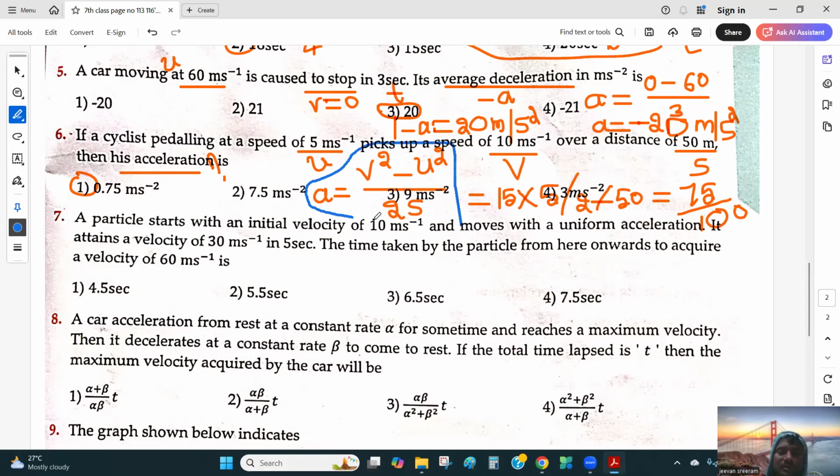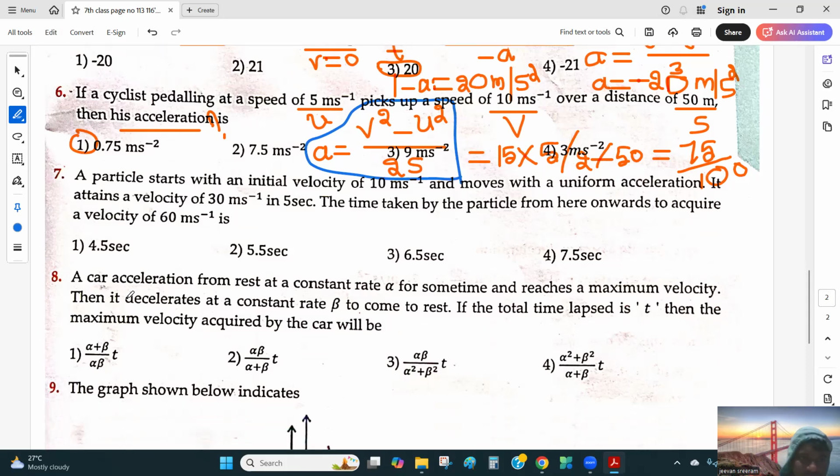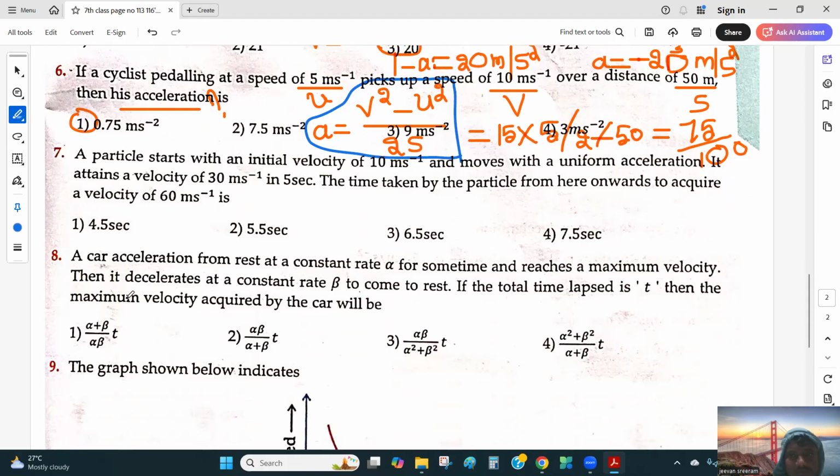So this is the formula I have used. Just substituted the given values in the equation. That's how you can get it easily. So let's see, is it really difficult?